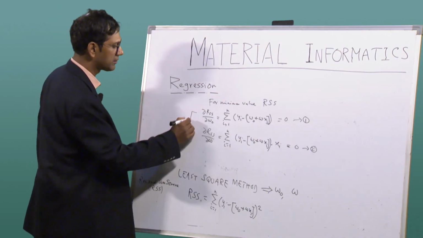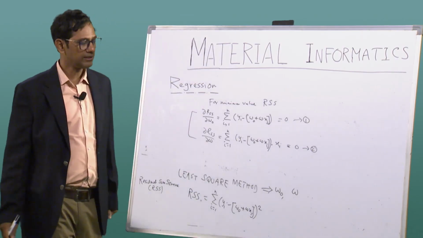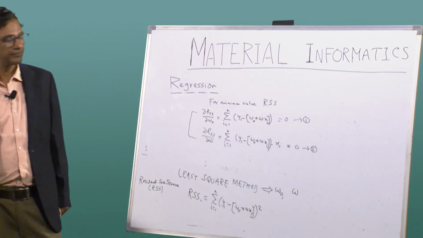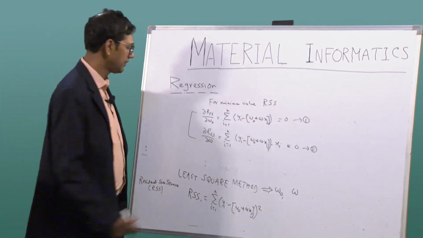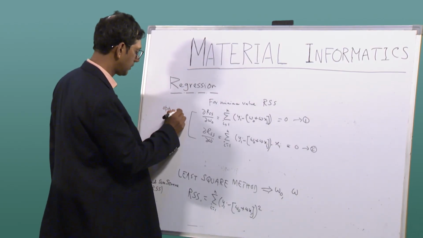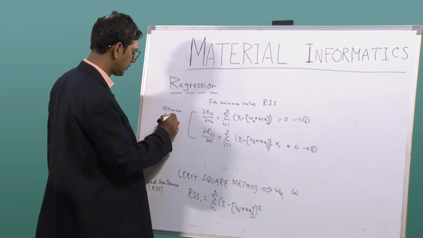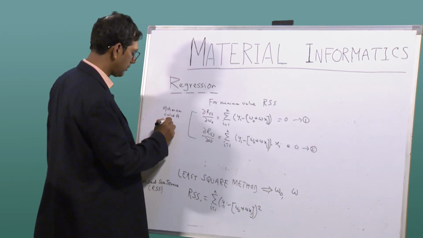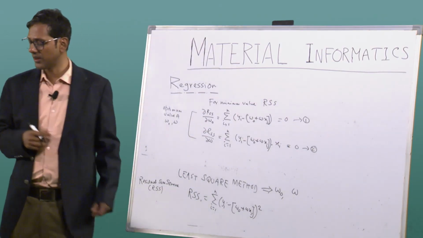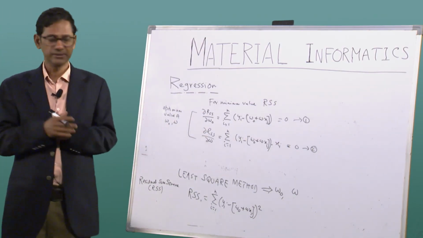These two equations can be used to find the optimum value of W0 and W, by simply solving these two equations. You understand that, right? That is very easy.